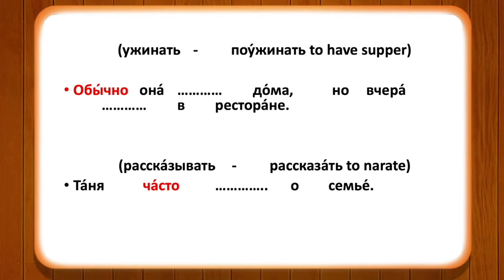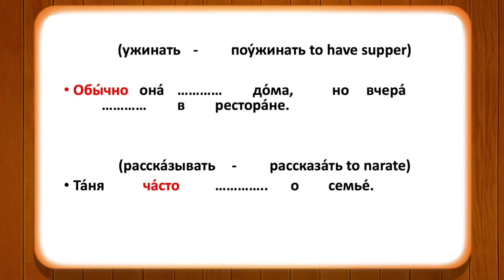Обычно она — дома, но вчера — в ресторане. To have dinner. Обычно means usually. So usually indicates an action that takes place more than once. To denote a regular or a habitual action, we use the verb of imperfective aspect.